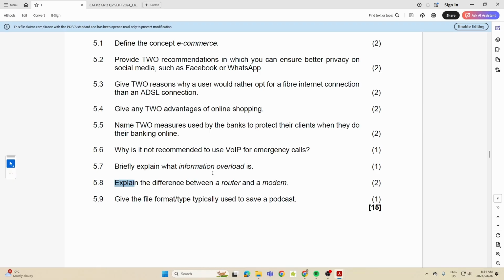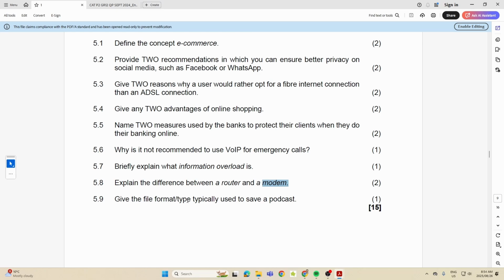Thirdly, you could also say a router creates a network between computers in the home, while a modem connects a specific computer to the internet. Okay. Do you see when they talk about explain, you've got to tell me what this is in comparison to that, right? That's just a tip.